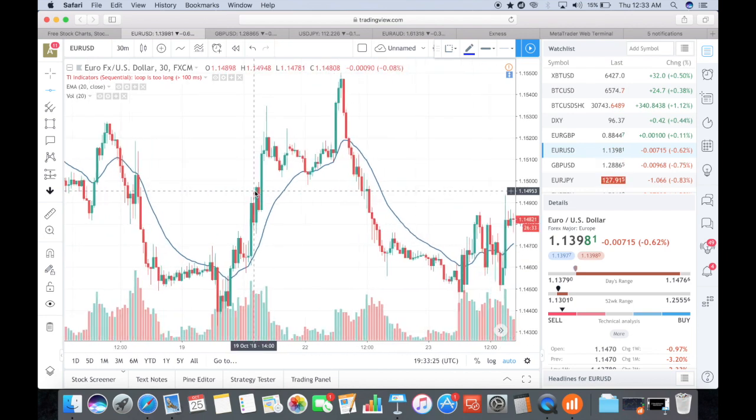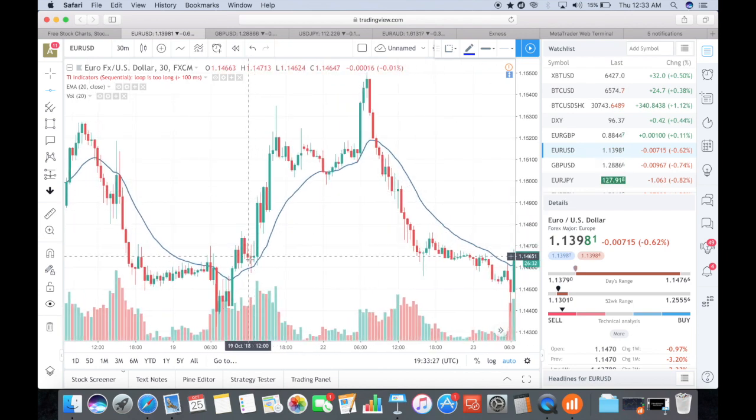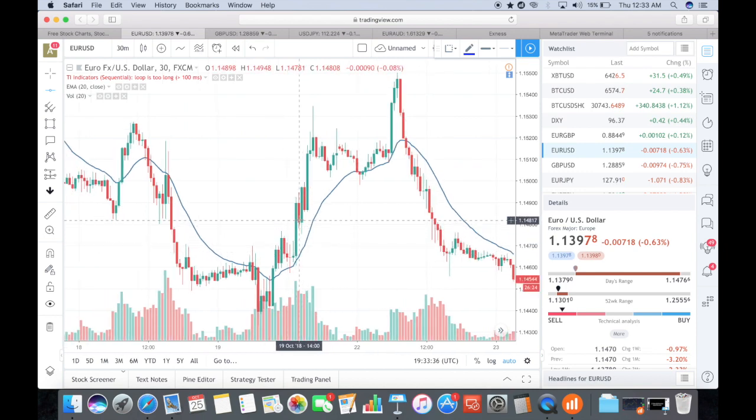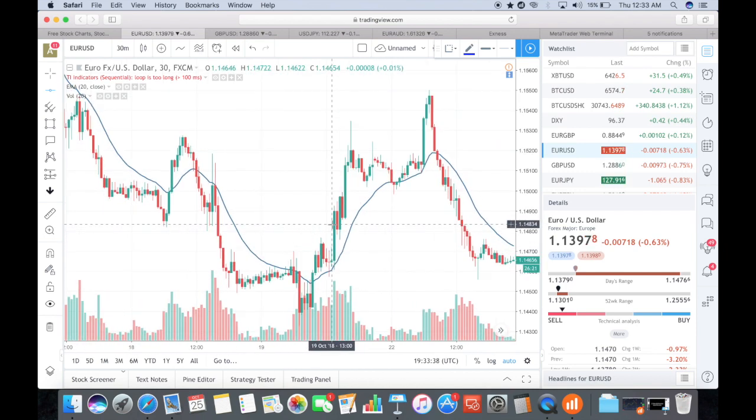Like this, a strong move away from the demand zone. All right, it's still not ideal. I will tell you later on. Like this, a very strong move away from the demand zone, and it will test it over here, and look at the move up.